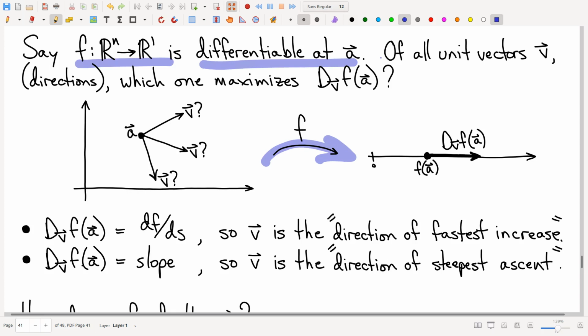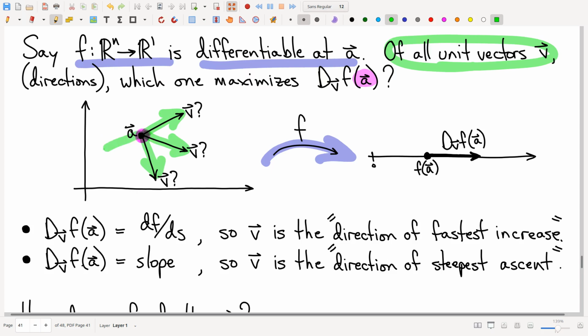Gradients make sense, etc. We're going to assume differentiability. We're going to suppose that we are at a particular point, A, in the domain, and we're going to entertain the following question where I get to choose among all unit vectors. In other words, all possible directions, whatever.